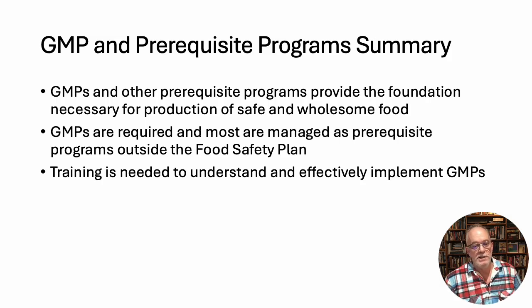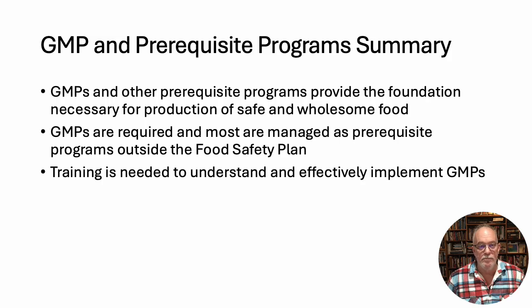So don't forget, these GMPs, these prerequisite programs are my foundation. If I got this stuff going on, I got a better chance of producing safe, wholesome food than if I don't have it going on. And if the FDA finds you slipping in this area, they can condemn the food just as much as if they find you slipping in another regulation. All right, so remember the FDA is an enforcement agency, part of the executive branch of the government.